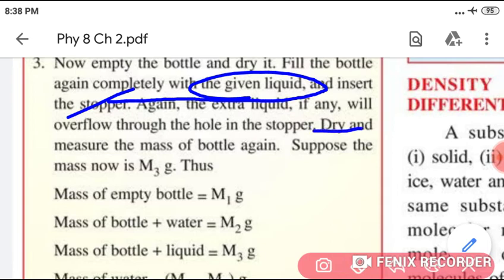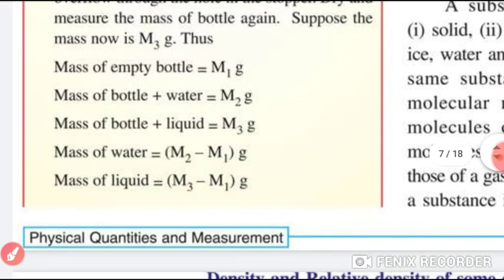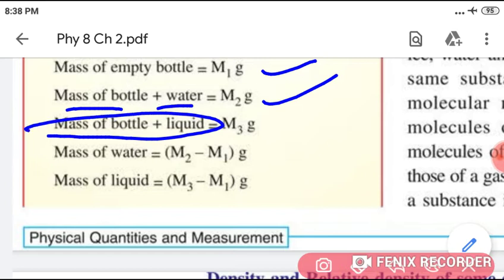Now you have to dry it and measure the mass of the bottle again. Suppose now the mass is M3 gram. Now students, the mass of the empty bottle was M1 gram. Mass of the bottle plus water, M2 gram. Mass of the bottle with the liquid, M3 gram.